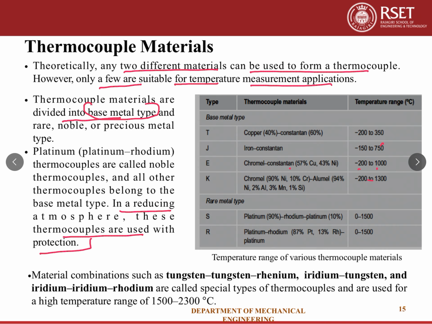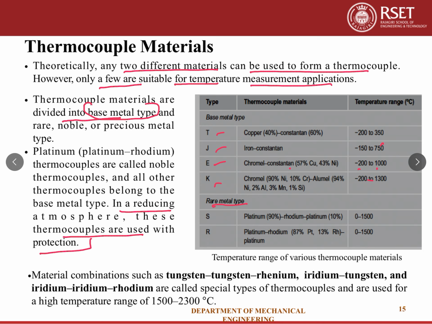They also have different types: T type, J type, E type, K type. Then we have the rare metal types, S and R. They are platinum thermocouples, the noble or rare metal type.